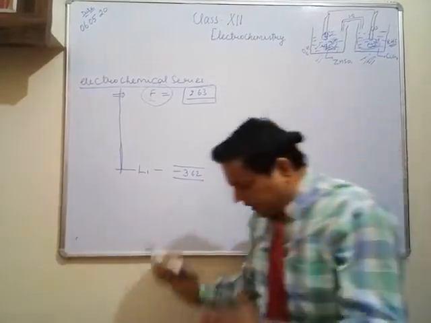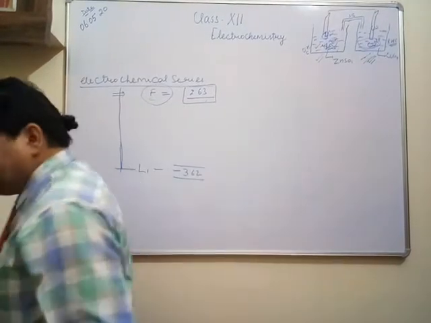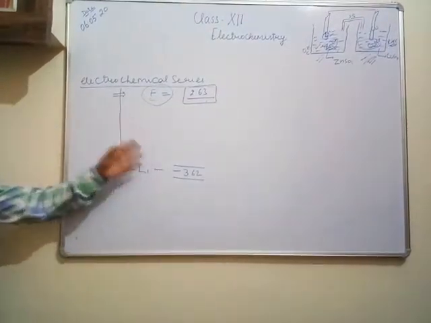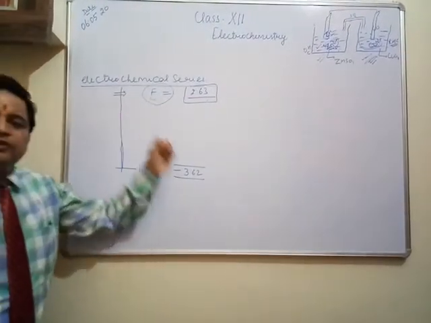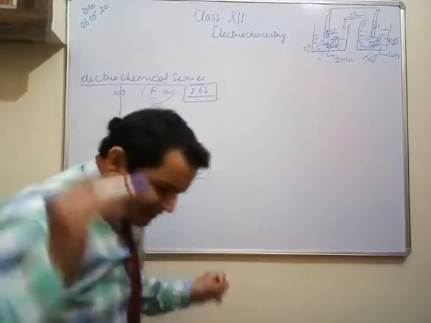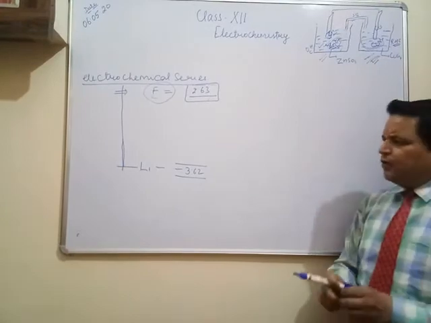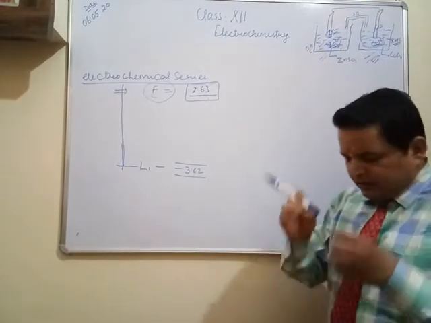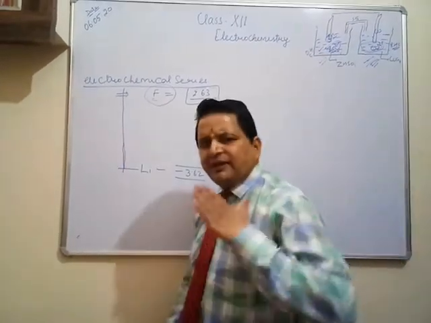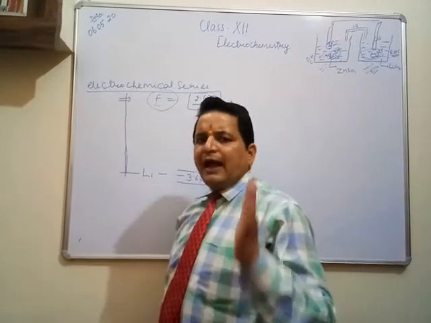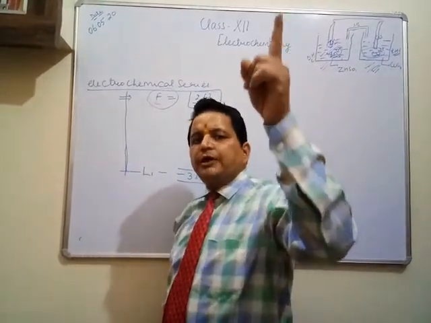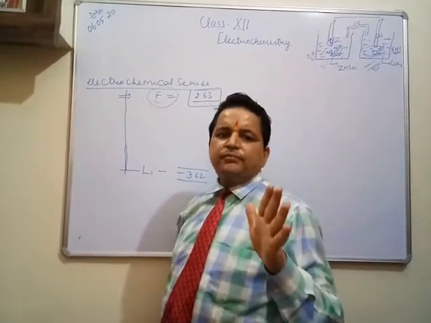The electrochemical series tells us that chlorine is a strong oxidizing agent. At the same time, lithium has the lowest reduction potential, that's why it will always get oxidized and will act as a strong reducing agent.